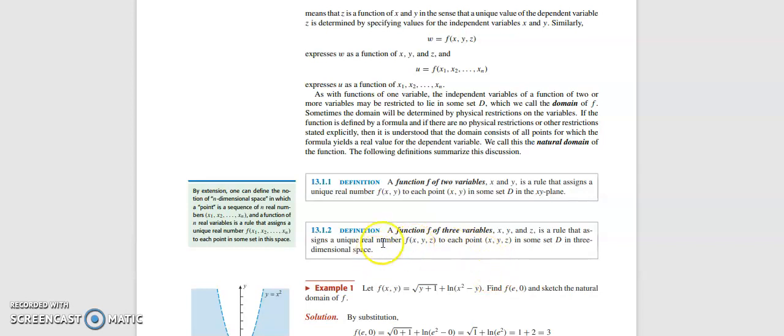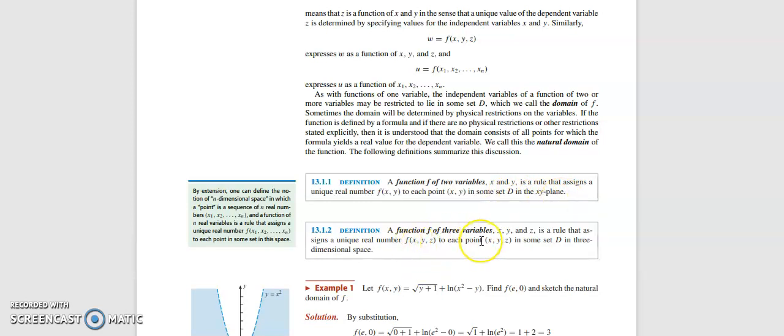So this is the definition of your function of 2 variables. A function f of 2 variables x and y is a rule that assigns a unique real number f of x, y to each point x, y in some set D in the xy plane. So here D is the domain, the subset of the xy plane.